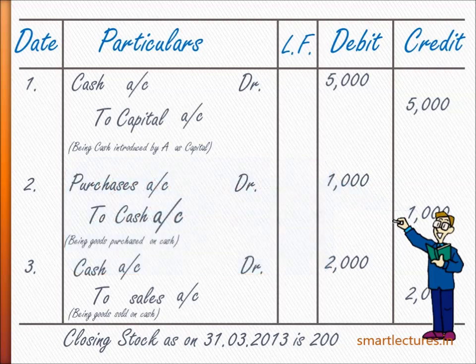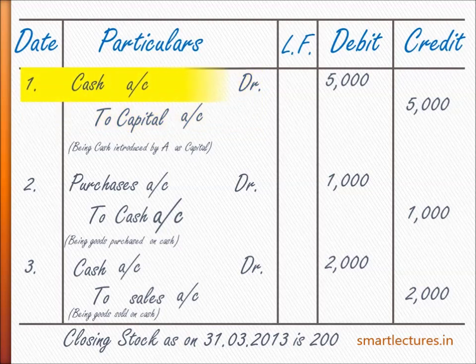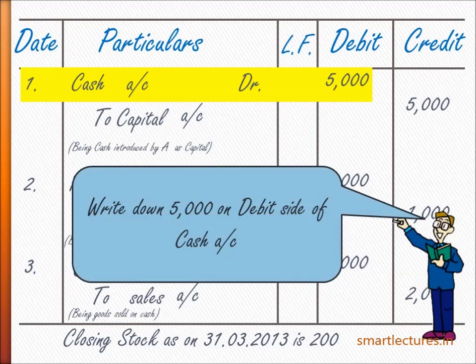So let's have a look at the first journal entry: cash account debit to capital account. First of all, cash account debit rupees 5,000. It means debit cash account in the ledger posting. Debit cash account in the ledger posting means write down this amount of rupees 5,000 on the debit side of cash account.